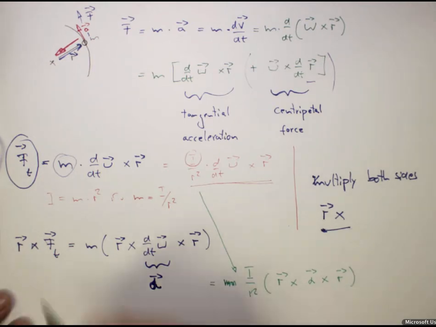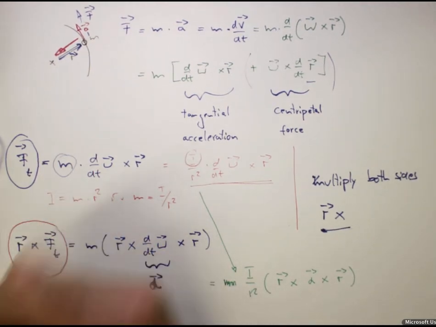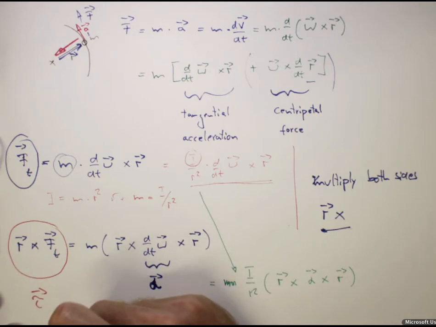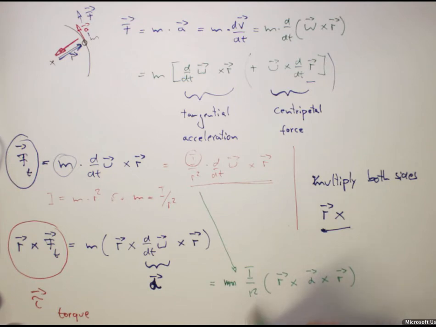So now you can see that on the left hand side we have a term which we might give a new name. We call it tau, the torque. And on the right hand side we have the magnitude of r squared, and we have the magnitude of r once and twice. So this in fact cancels out to give us I times the radial unit vector cross alpha cross the radial unit vector again.